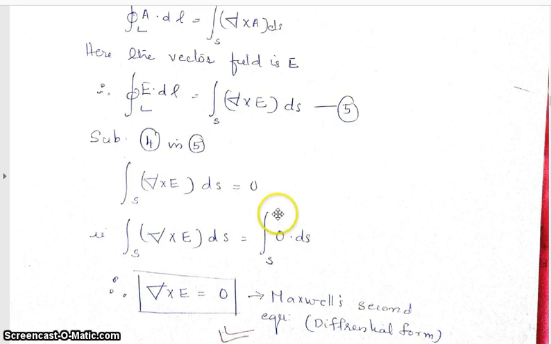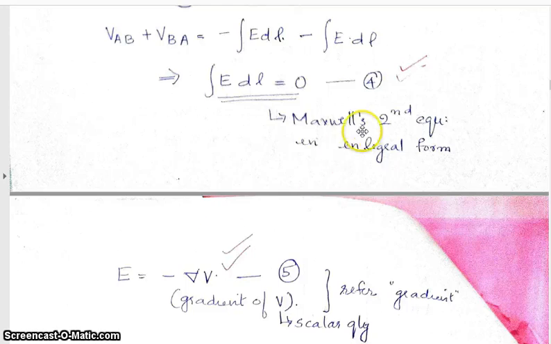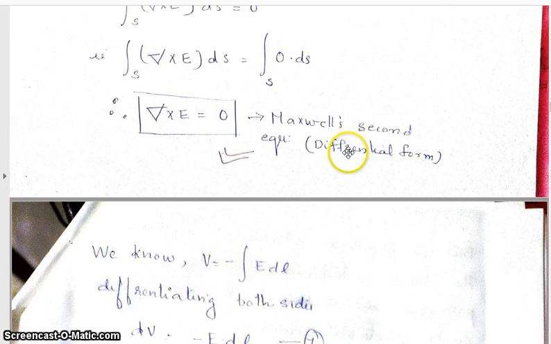I am just writing this in the integral form in order to cancel the integral sign on the right hand side and left hand side, that's all. So finally I can write del cross E is equal to 0, which is our Maxwell's second equation in the differential form. So this is Maxwell's second equation in integral form, and this is Maxwell's second equation in differential form. Okay, hope it's clear.